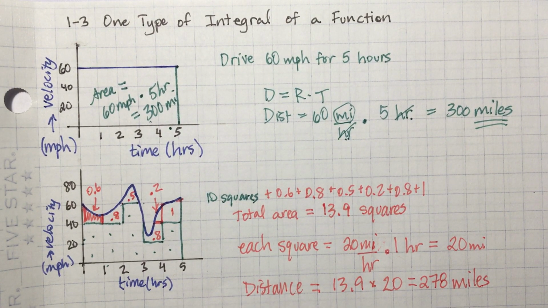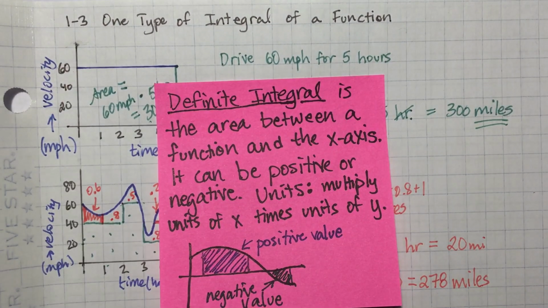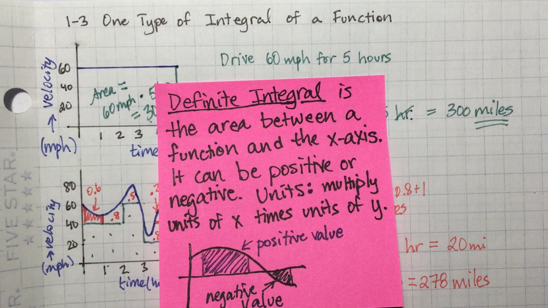Now, we're going to be using velocities and distances a lot right now, but obviously this applies to a lot of other areas. But I'm not going to get into that. But there's some things that we can always know about these definite integrals. Namely, a definite integral is the area that's between a function and the x-axis.